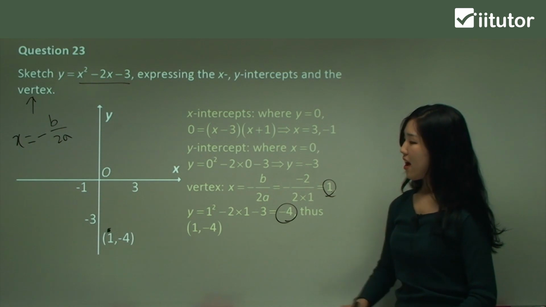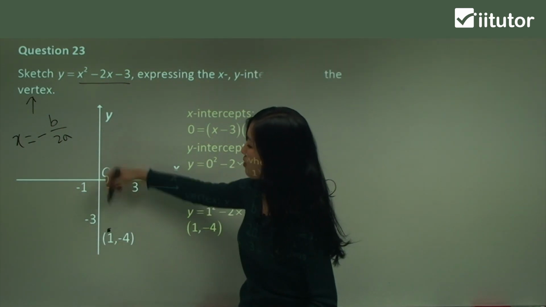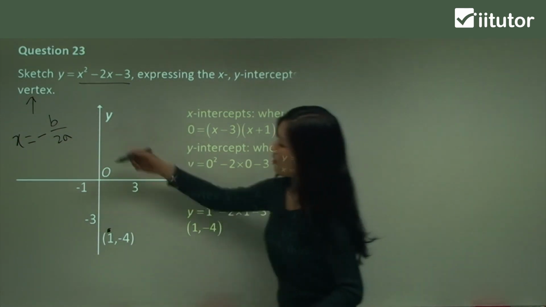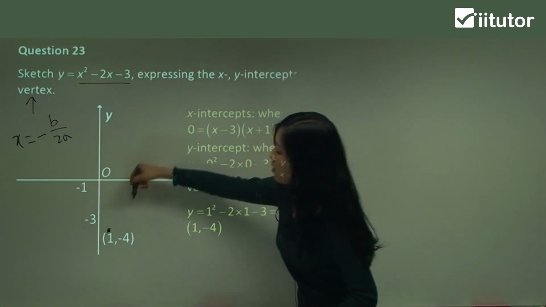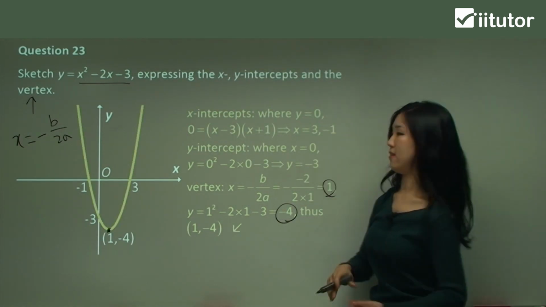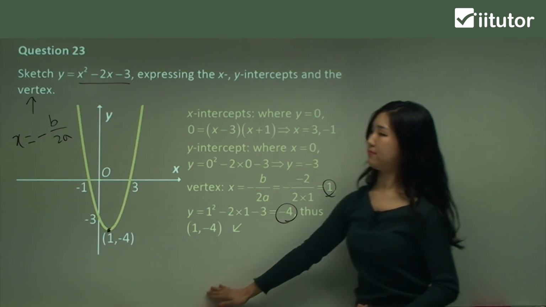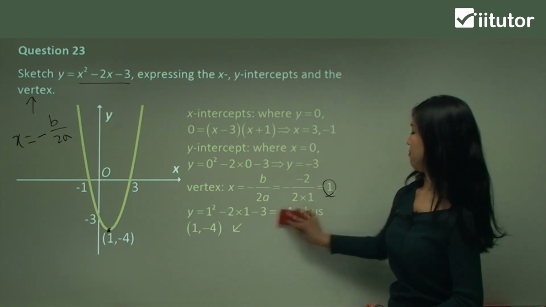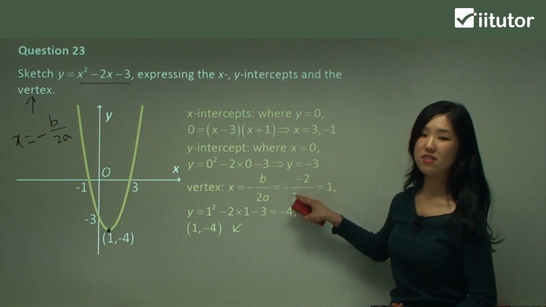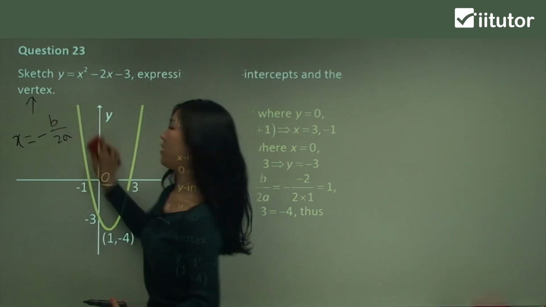Okay, so I've got my x, y, vertex. So all I need to do now is join it. So I'm thinking it's going to look like that. Yeah, have a look. Happy face parabola. Okay, that's it. So you just need to put a bit of effort finding the x, y intercepts and the vertex, and not forget this formula.